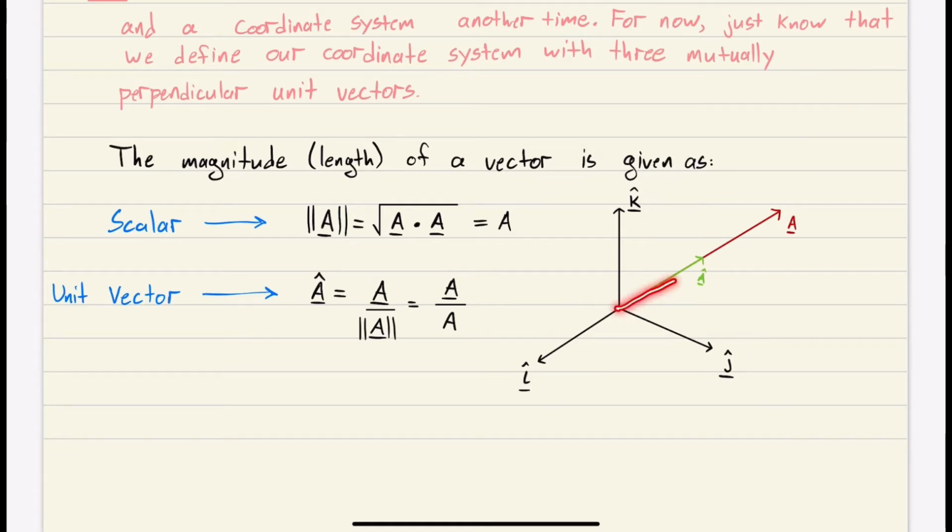So I have this long red vector A defined here, and if I divide it by the magnitude of itself, well, I get a vector of length 1 pointing in the same direction as, or parallel to, the red vector, right? And so now I'm left with this A hat, which points in the direction of my red A vector, and it's length 1.